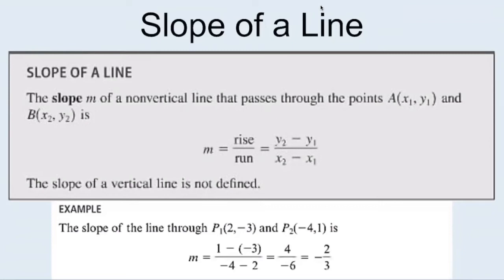So they take the second y coordinate 1 minus -3 and divide it by the second x coordinate in P2, -4, minus the first x coordinate 2, giving you a slope of 4 over -6, which simplifies to -2/3. And we'll look at some more examples later on in this presentation.